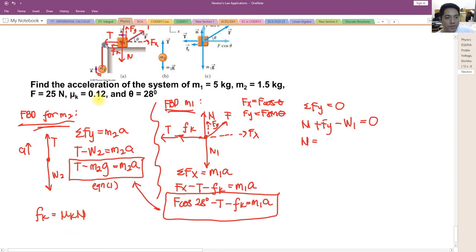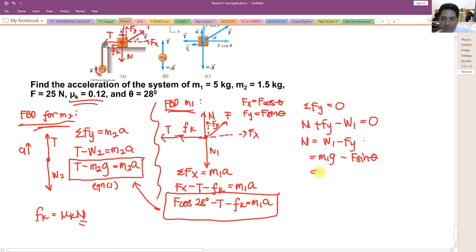We need to get the normal force because kinetic friction is mu sub k times N. We have mu sub k, we only have N missing. So we need to find N here. That will be W1 minus Fy. W1 is M1 g, and minus Fy, the applied force in terms of y, which is F sine theta.